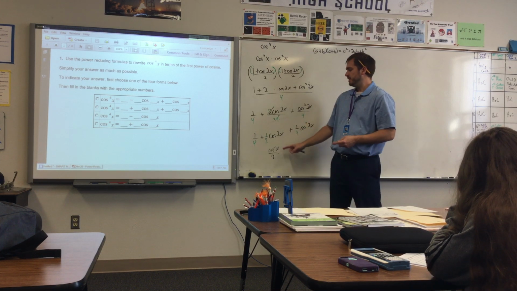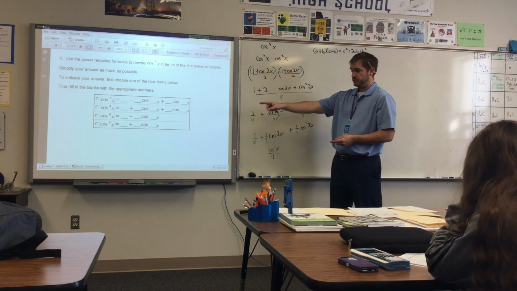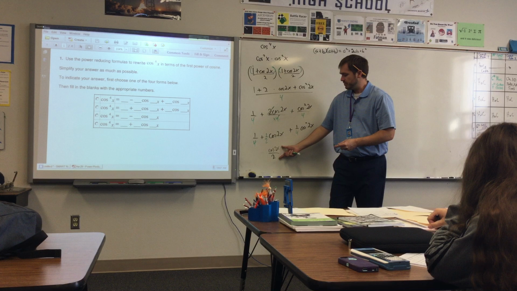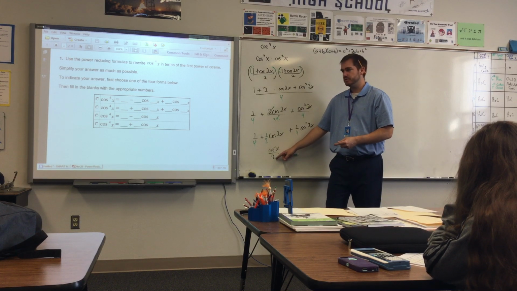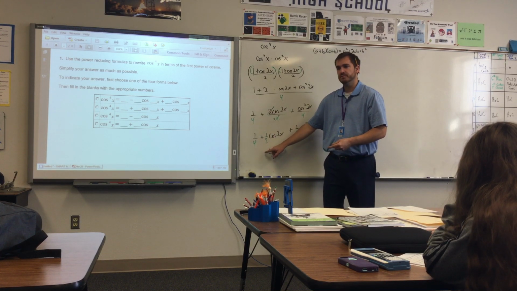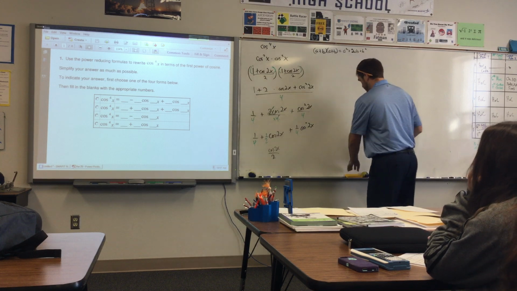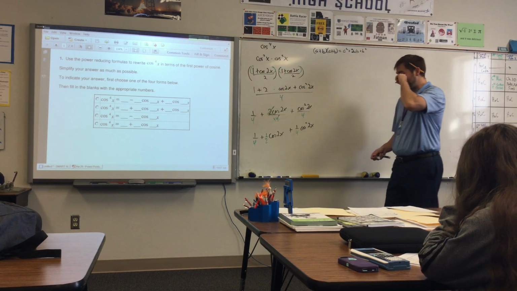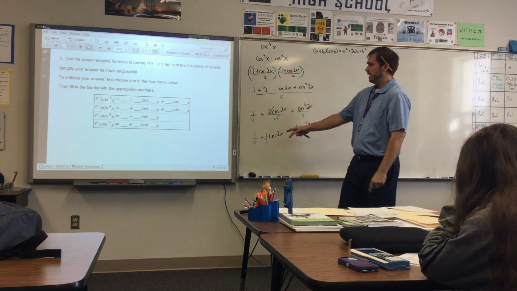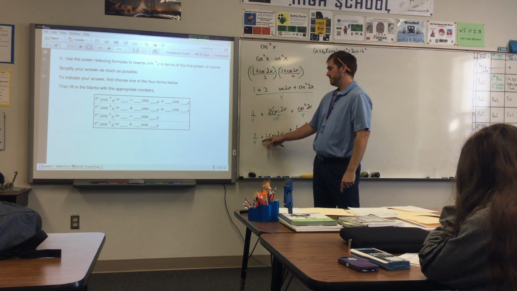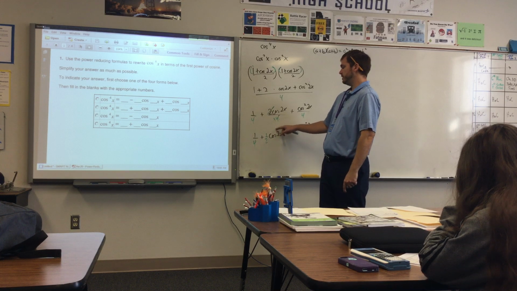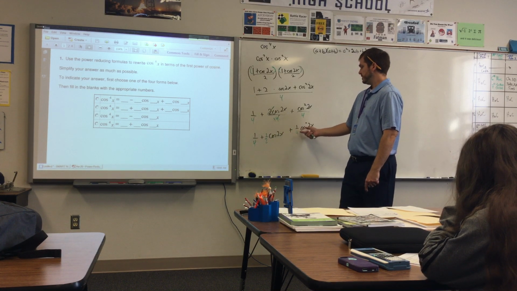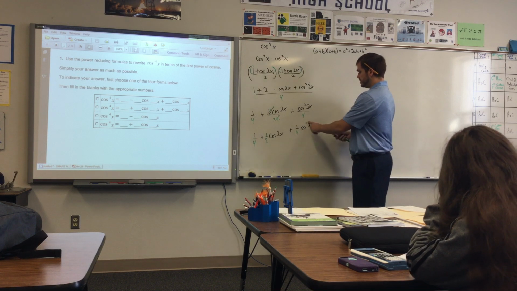Okay, but if I look over here on my answer choices, they don't want you to have the cosine 2x over 2, they want that coefficient up front. So let's look and see if this matches any of our answer choices. Something plus a number times cosine of 2x, plus something times cosine squared of 2x.